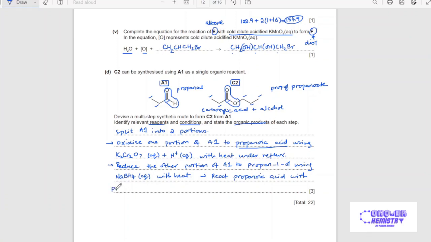And this will be done using sulfuric acid, H2SO4, catalyst plus heat to produce C2. That's propyl propanoate. All right.